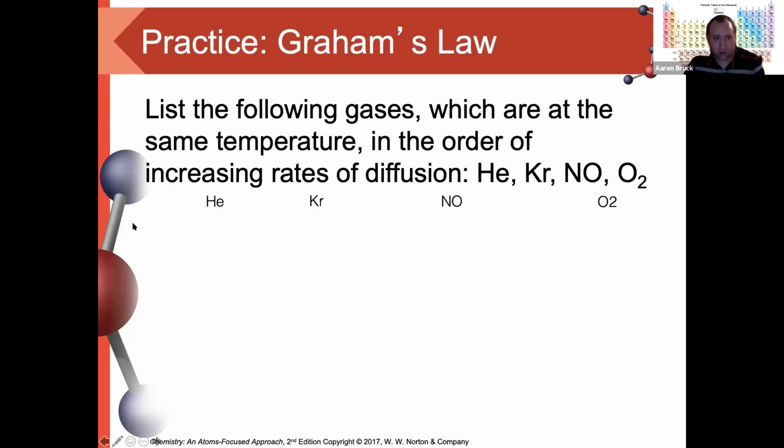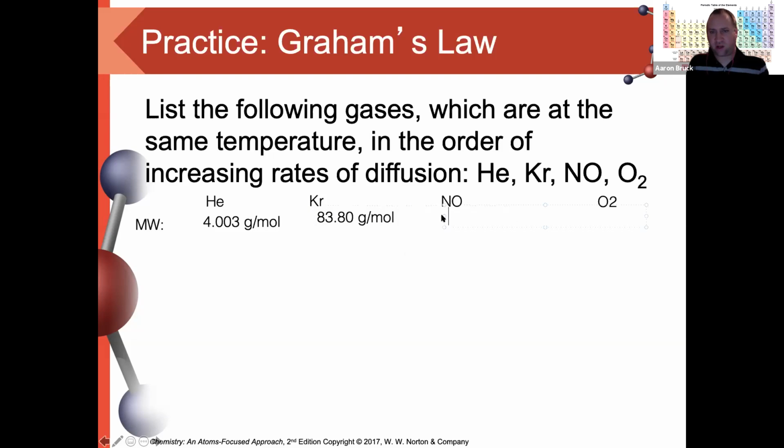So the molar masses for each of them: for helium, it's 4.003 grams per mole. For krypton, it is 83.80.